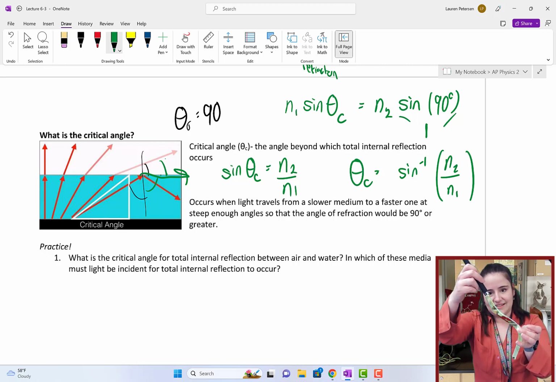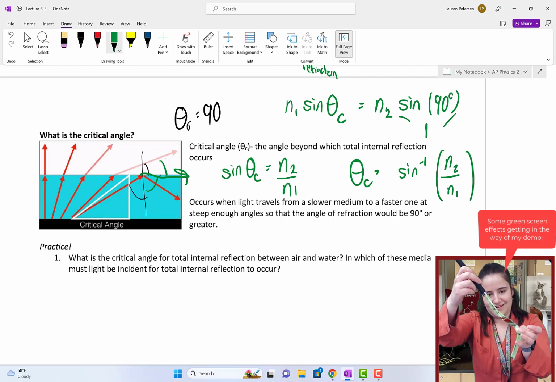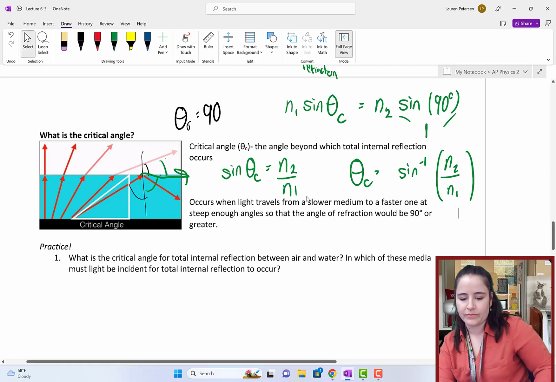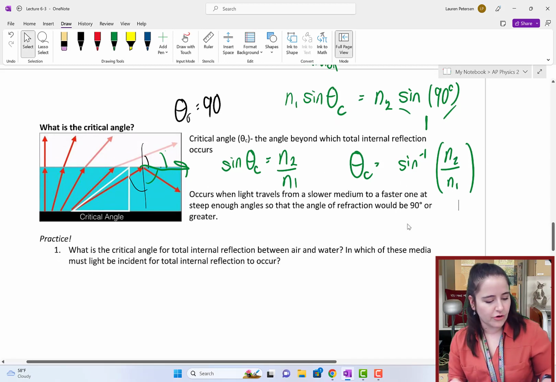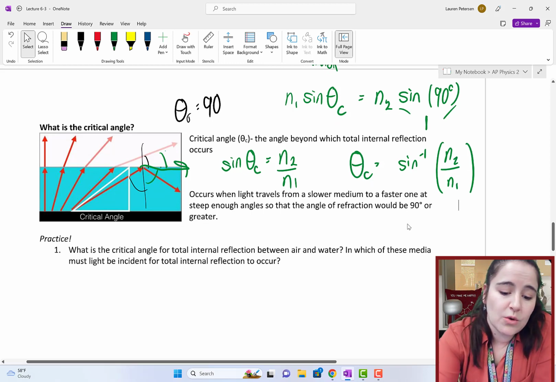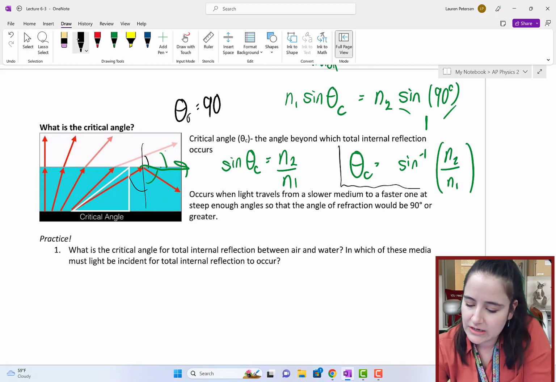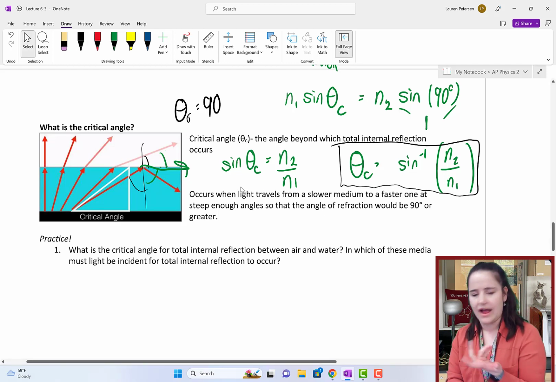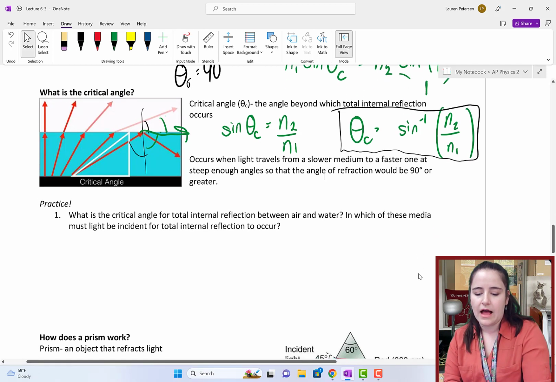That's how fiber optics work, with very little loss of light to refraction. That is the formula for it. This is one of those equations that's not on your equation sheet, but does come up relatively often, so you should know how to derive it and where it comes from.